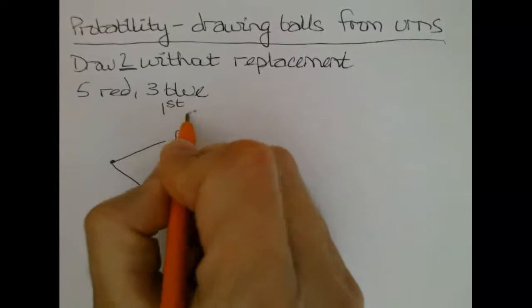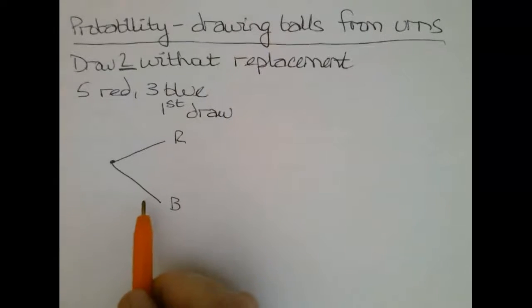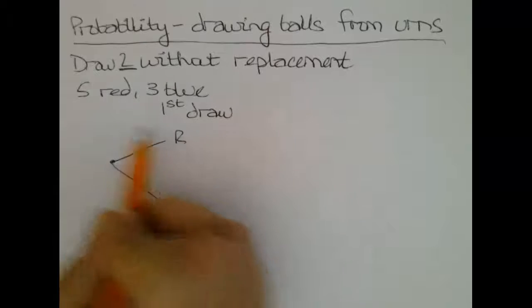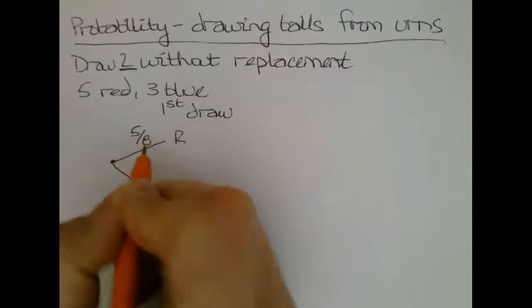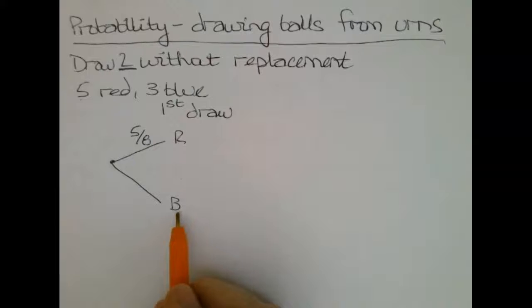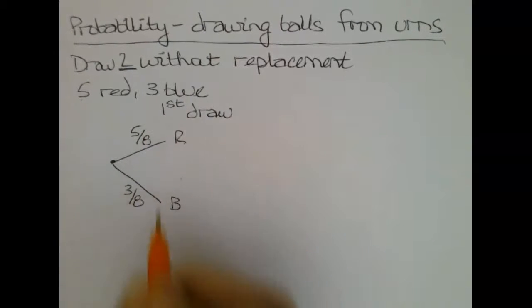So that's the first set of branches. I'm going to put on each branch the probability that that's going to happen. The probability I get a red one, well, there's 5 red ones out of 8 total, 5 out of 8. The probability I get a blue one is 3 out of 8.